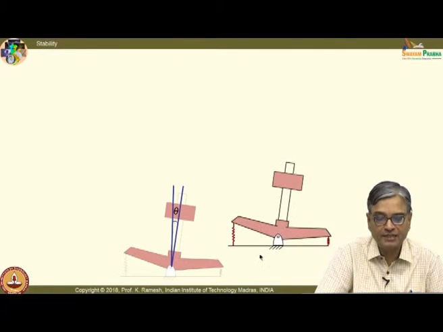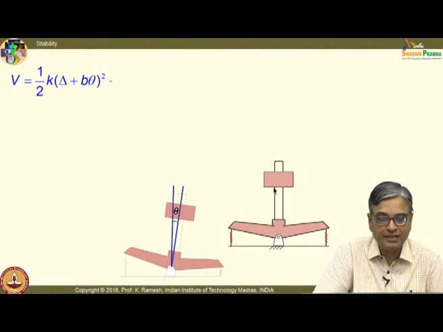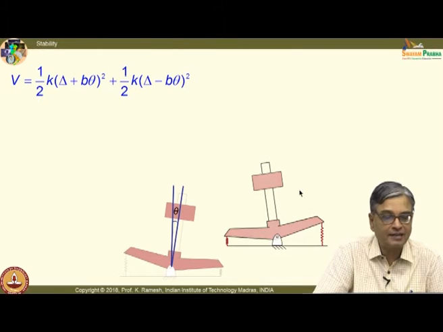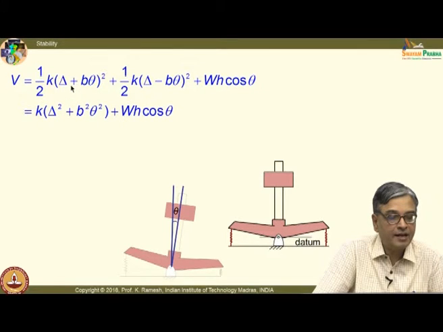I have to visualize that this is displaced, this spring is compressed more and this spring is slightly elongated. When I move from theta by an angle delta theta, I have this as 1 by 2 k into delta plus b theta whole square, and for the other spring it is delta minus b theta whole square.